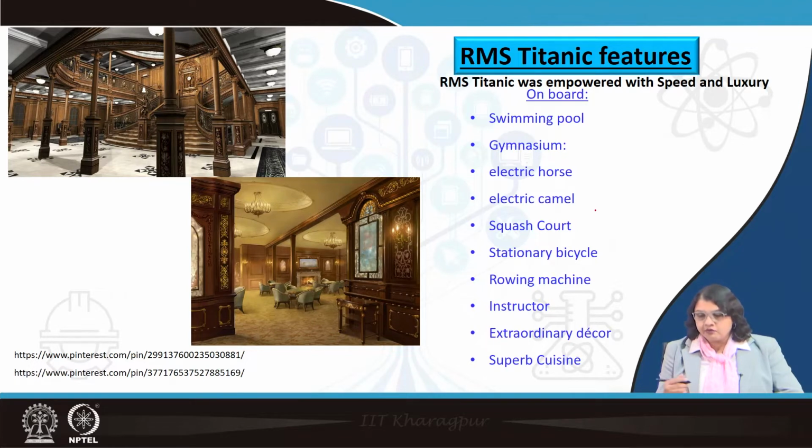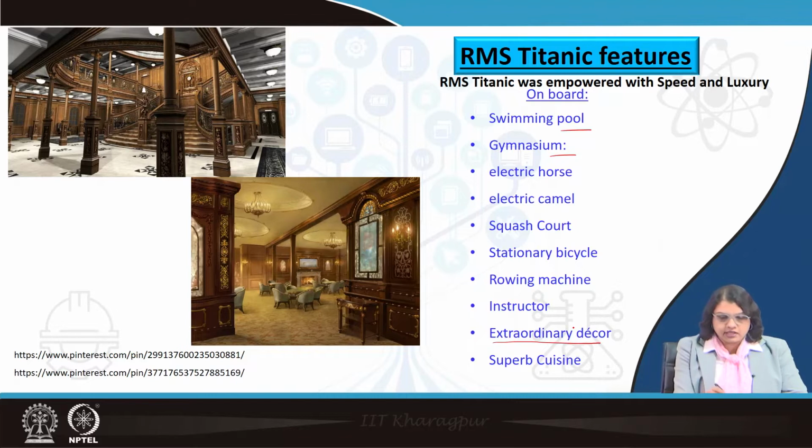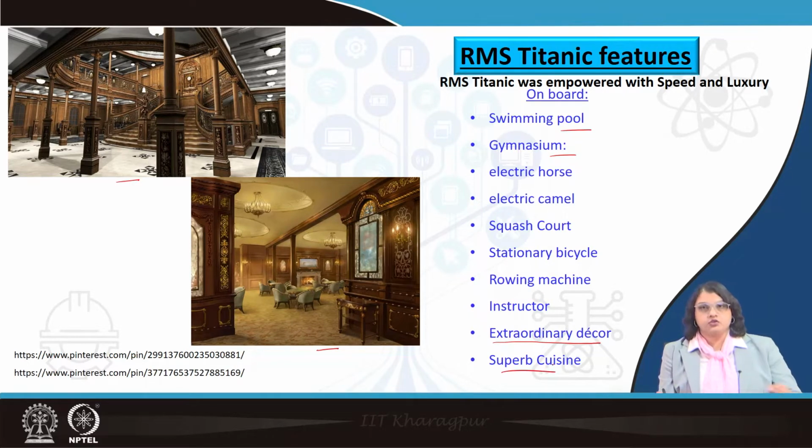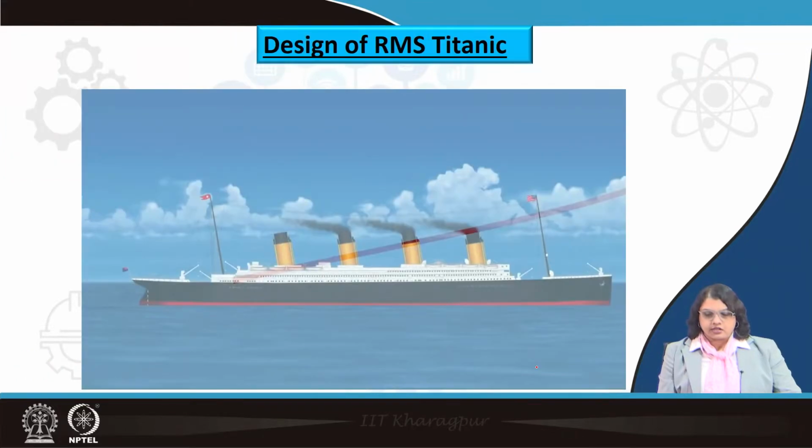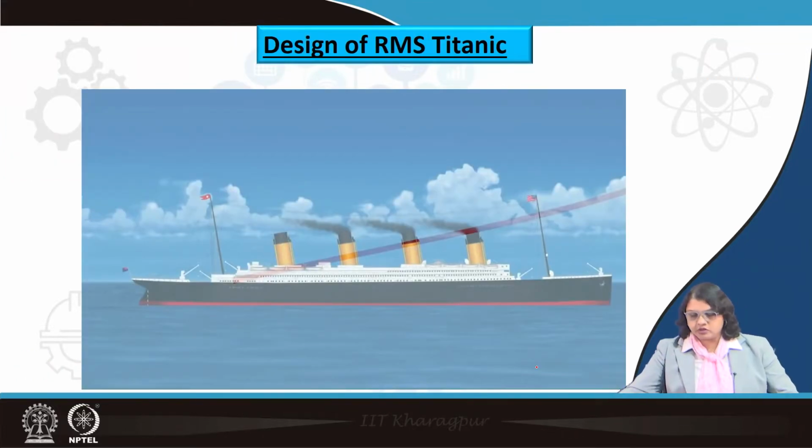It featured several items such as a swimming pool, a gymnasium, an electric horse and camel for the gymnasium, a squash court, etc., along with extraordinary decor. You can see the decorations here, and superb cuisine as well. Of course, these were meant mostly for the wealthy passengers, and we will look at the ship structure in this video here.